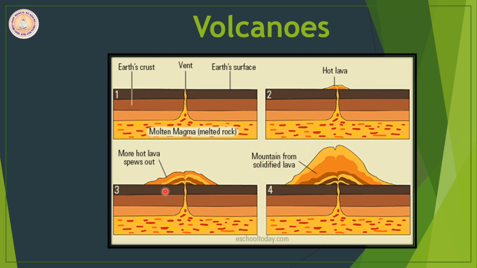Now the vent is nearly circular in form, and the material ejected out gets accumulated all around it, giving a shape of a cone or a volcano. With time, this volcanic accumulation becomes bigger and bigger due to successive volcanic eruption.